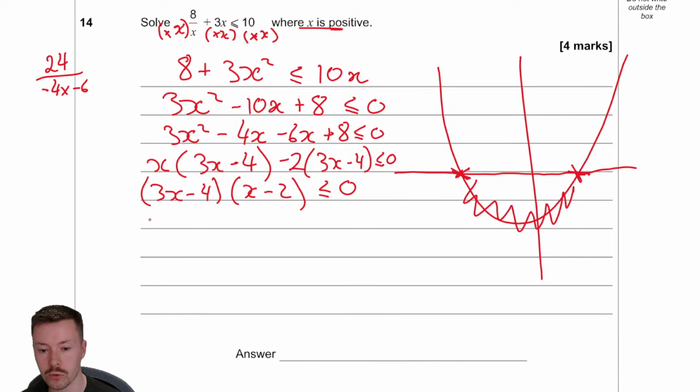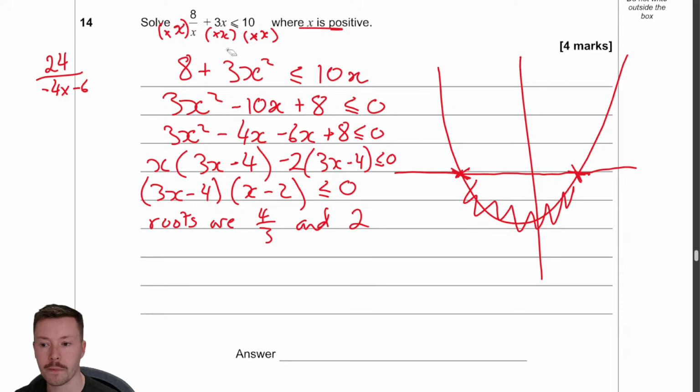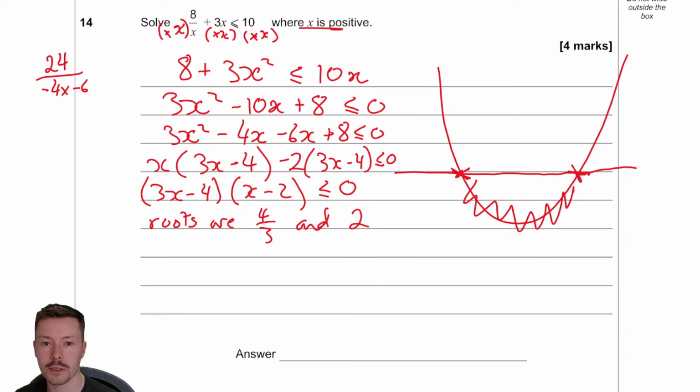So our roots are 4, so positive 4 divided by 3 and positive 2. Okay, so actually my y-axis should probably be somewhere over here, maybe.